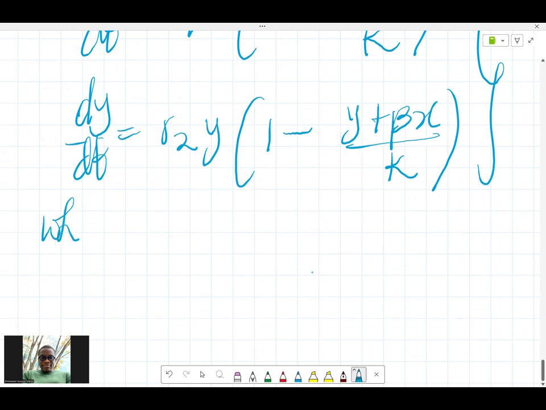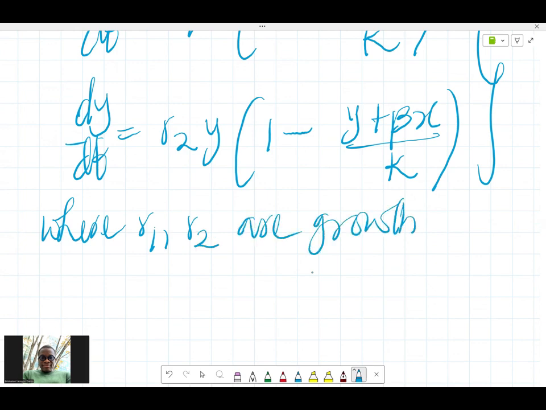Here r1, r2 are growth rates. K is the carrying capacity.